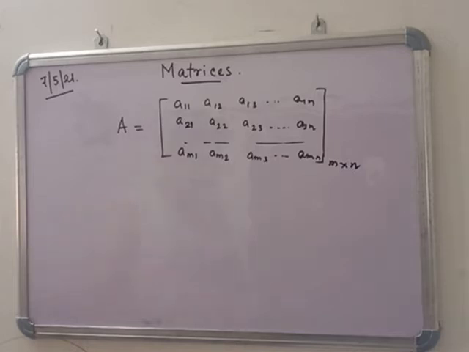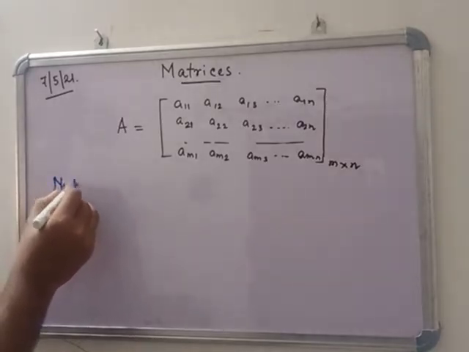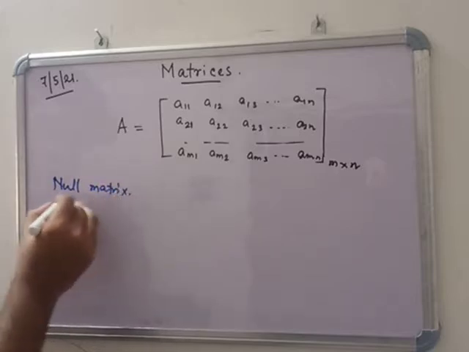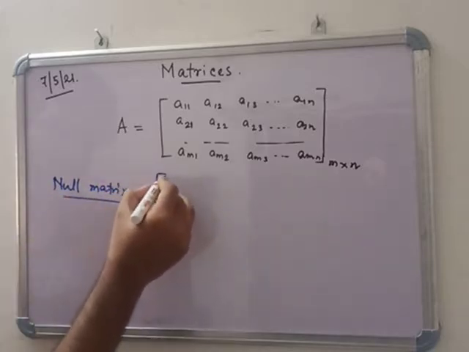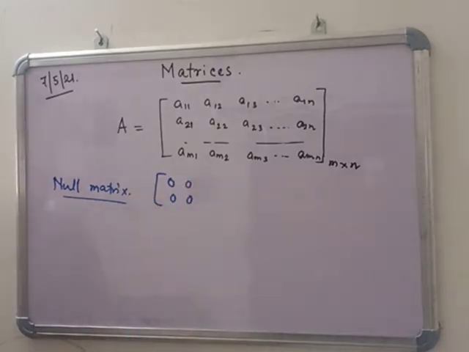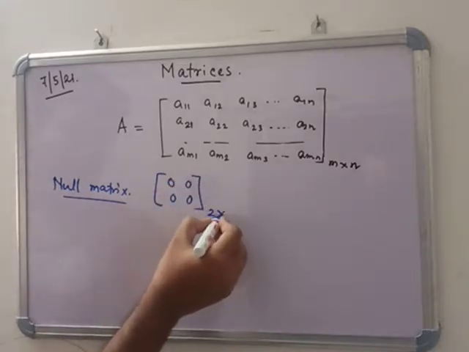types of matrices, the new types of matrices, that is the null matrix. A null matrix means all the elements are 0. When all the elements of a matrix are 0, it can be a square matrix or a rectangular matrix. This is a 2 by 2.